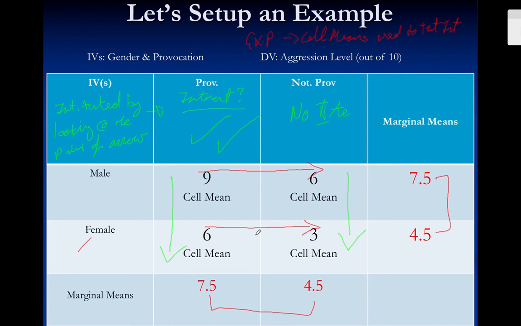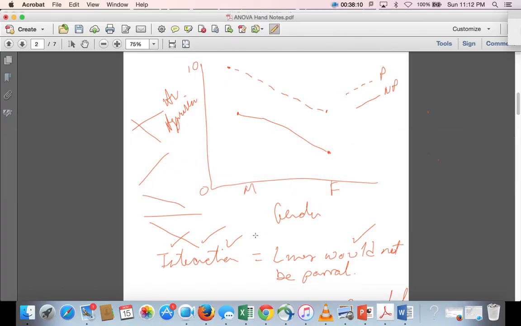All the pairs point in the same direction. Thus, there's no interaction. All my red arrows point in the same direction. All my green arrows point in the same direction. I told you, no interaction. Here, there would be an interaction if I had arrows that are not parallel to each other.